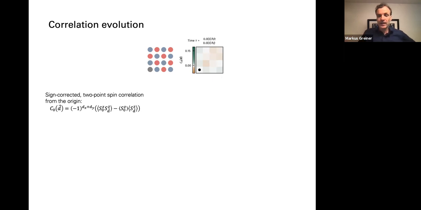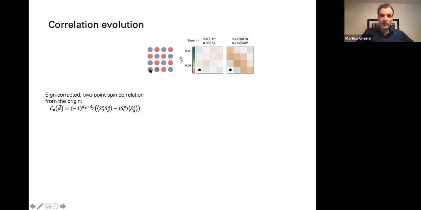But if the hole now moves, then we see quite quickly that we get an interesting effect, where the brown color is actually correlation the wrong way. So we don't get antiferromagnetic correlation, but we get them with the wrong sign, because what happens is the hole has moved to here.